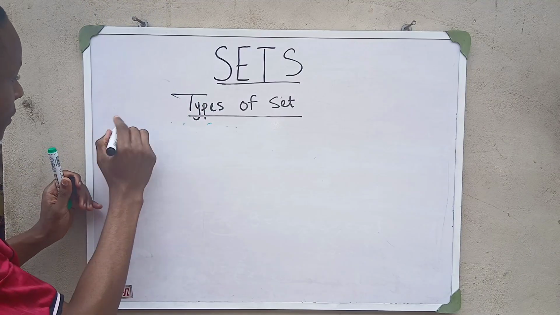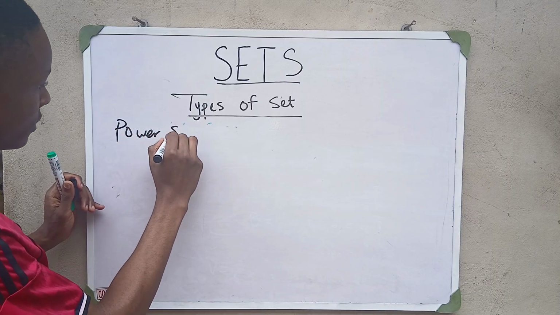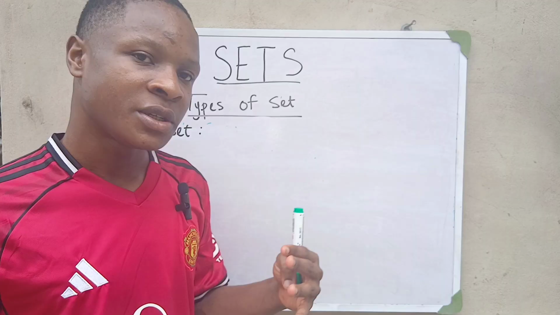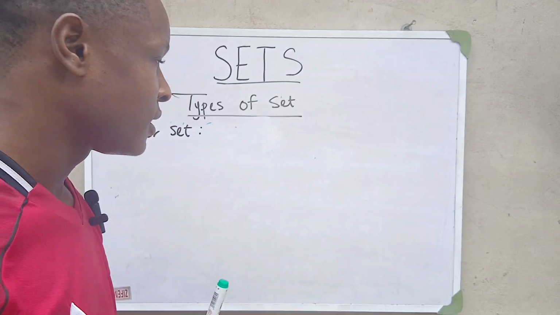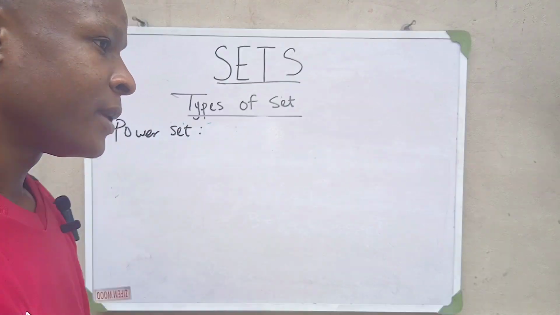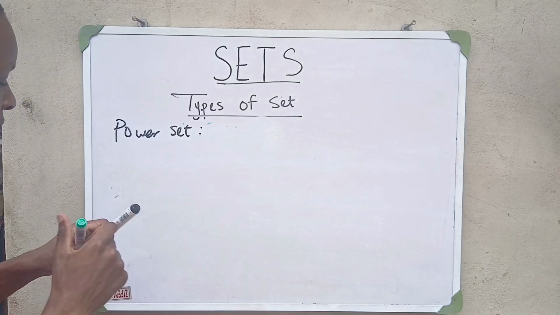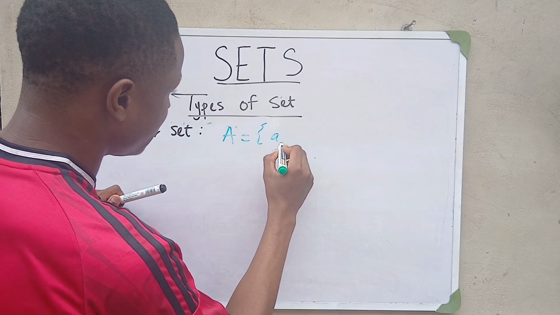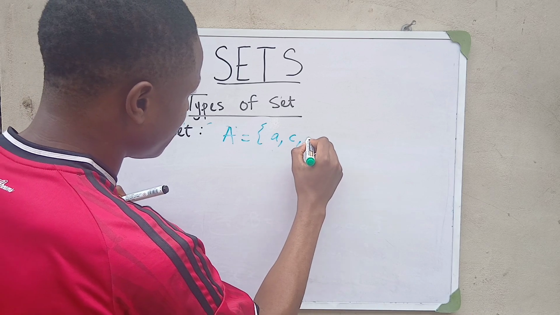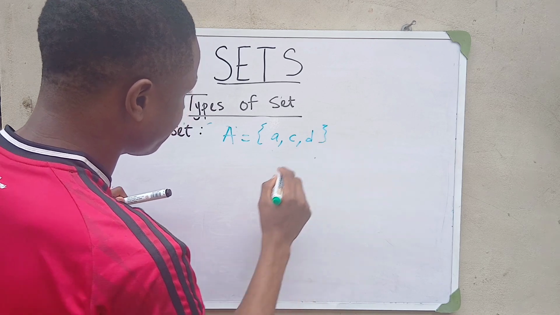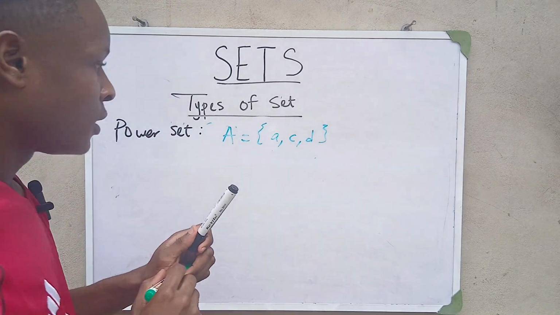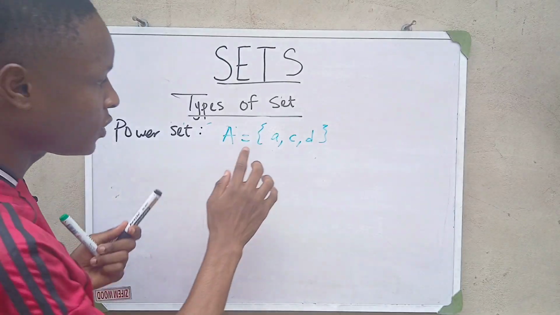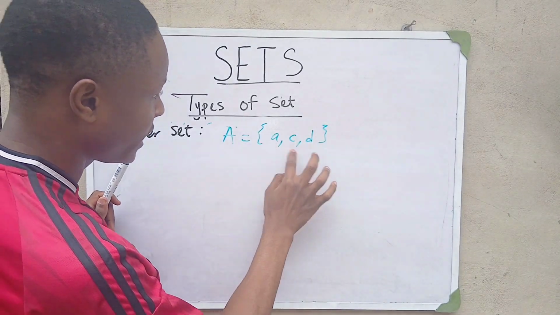We have the power set as another type of set. A power set is a set that contains all the possible subsets of a particular set. So what do I mean by this? Let's say we have set A, which contains elements A, C, and D. For us to get the power set, we have to look for all the possible subsets that we can get from this.